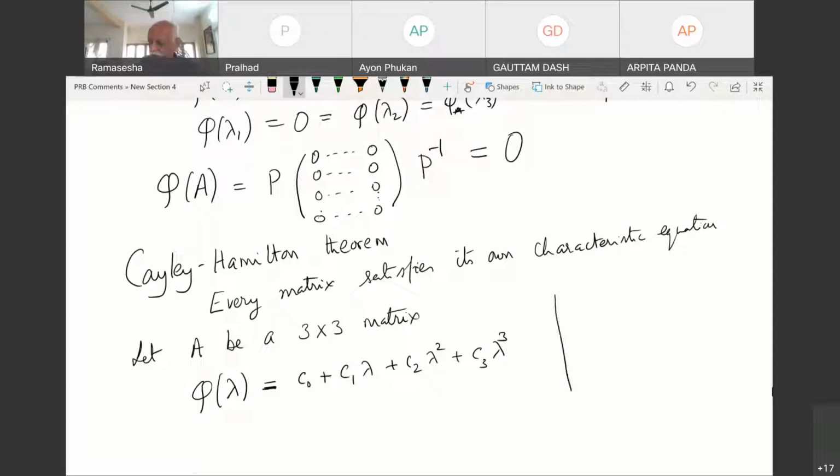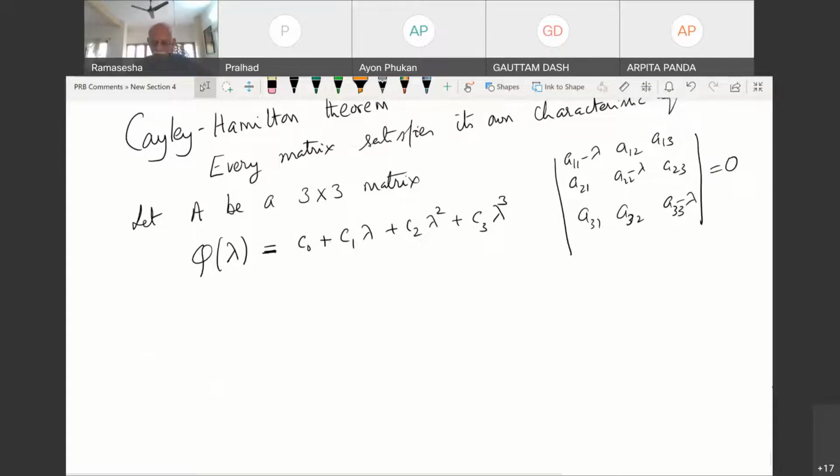So you will have to expand this determinant: A11 minus lambda, A12, A13, A21, A22 minus lambda, A23, A31, A32, A33 minus lambda. You have to expand this determinant and put that equal to 0. Then you basically get C0 plus C1 lambda plus C2 lambda squared plus C3 lambda cubed.